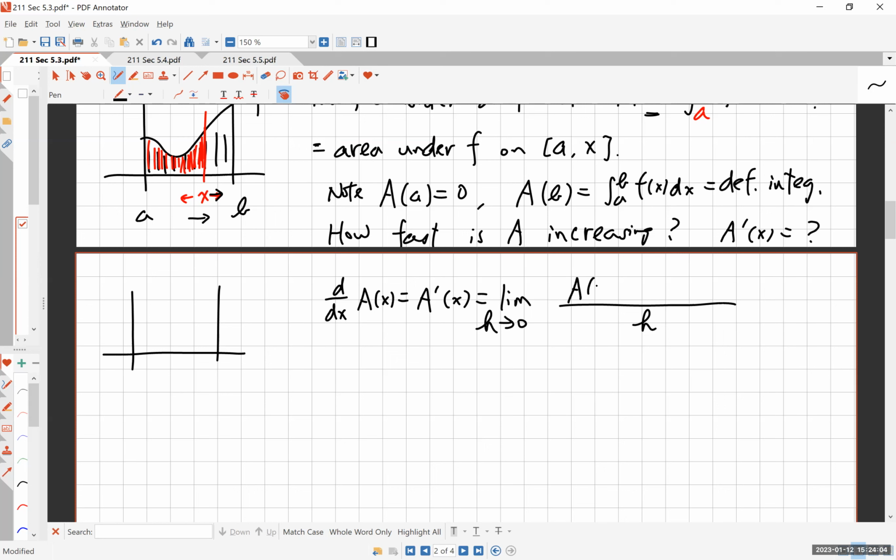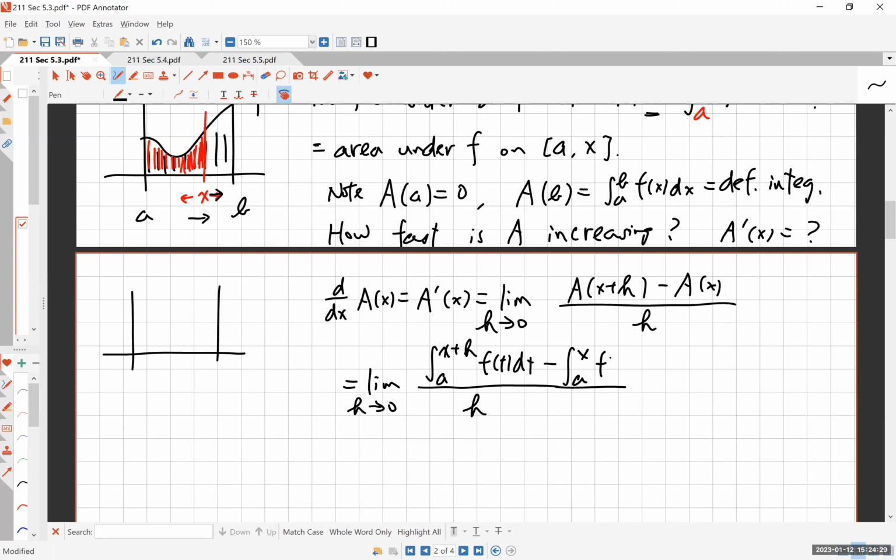This is going to be A of x plus h minus A of x, over h. What is the numerator? It is the integral from a to x plus h of f(t) dt minus the integral from a to x of f(t) dt.